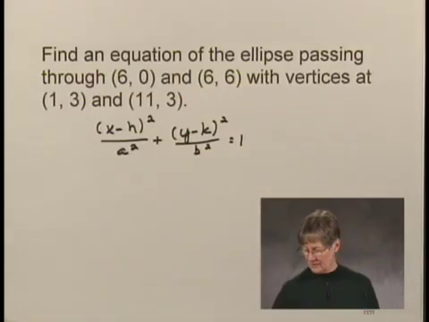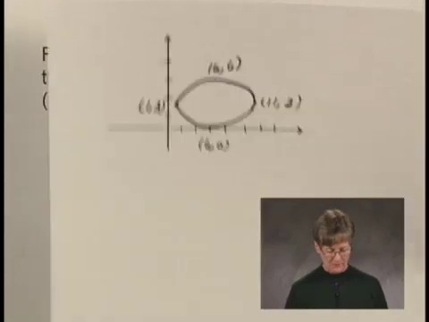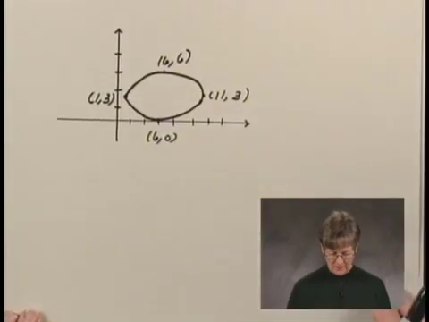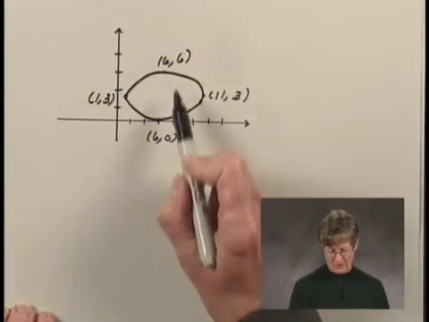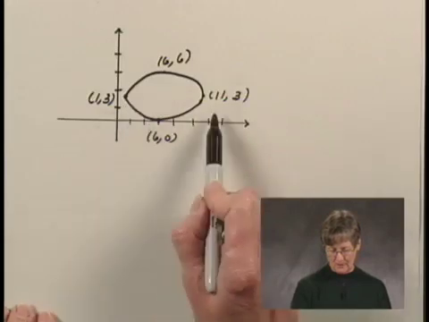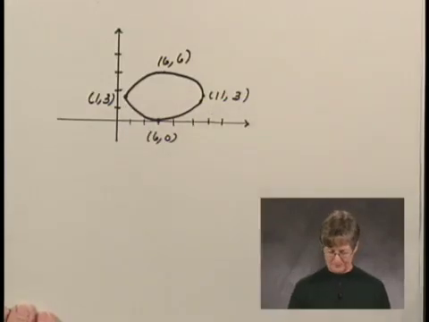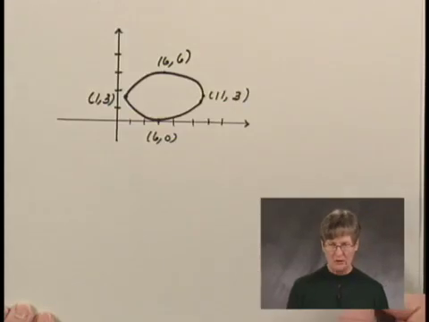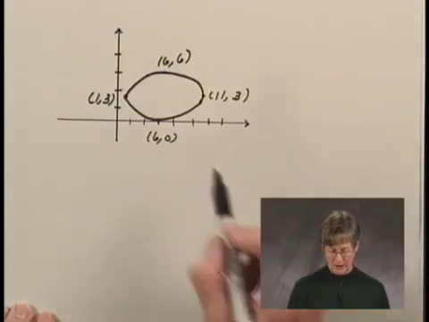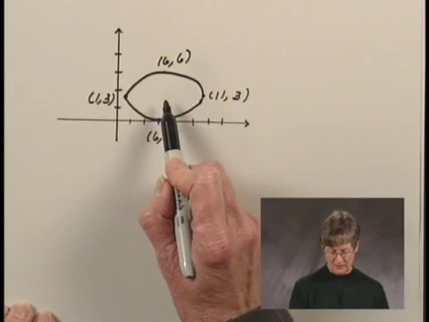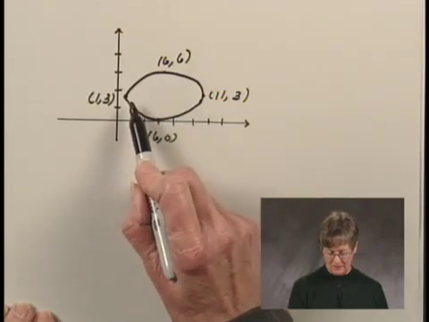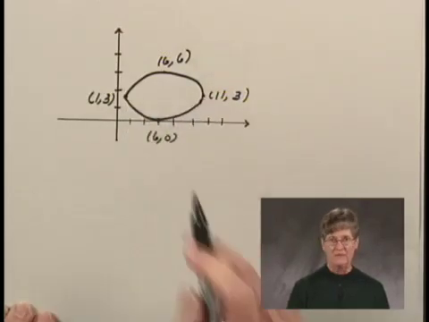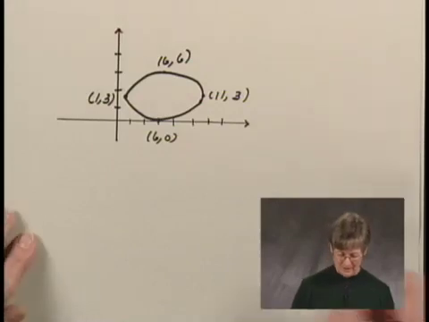And let's look at a rough sketch of the ellipse that we're working with here. We're told that it goes through (6, 0) and (6, 6), and it has vertices (1, 3) and (11, 3). Now, knowing that the vertices are (1, 3) and (11, 3) tells us that we can use the midpoint formula to find the coordinates of the center of the ellipse. The center of the ellipse will be the midpoint of the segment that connects the vertices.